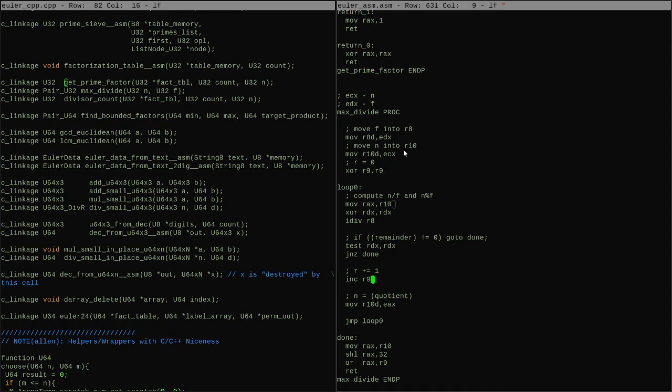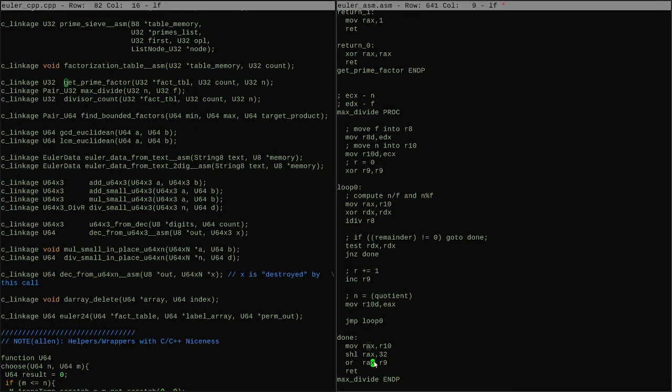I'm doing an 8-byte divide here. N divided by F. The remainder is not 0. We go to done. Repeats. We're doing repeated divisions here. And then I'm returning a pair.